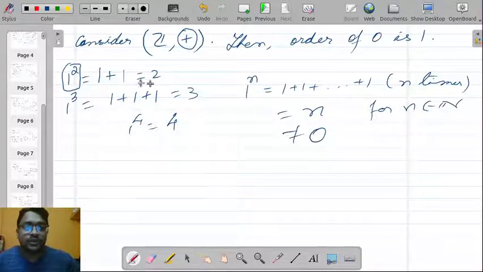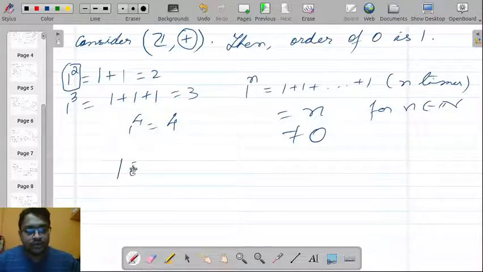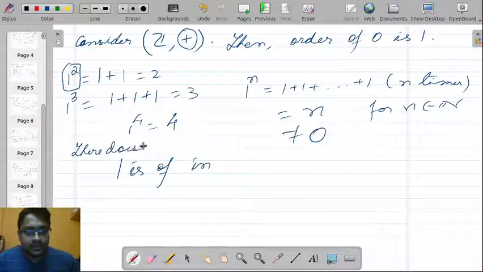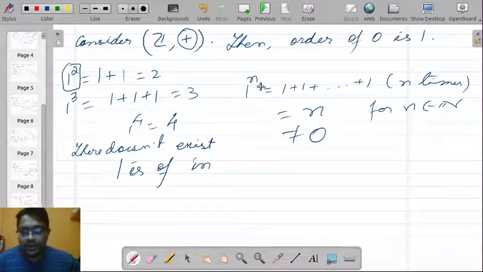So we cannot find the order of 1, meaning the element 1 doesn't have any finite order. So 1 is of infinite order. Whatever natural number you take, 1 to the power n is always going to be n.